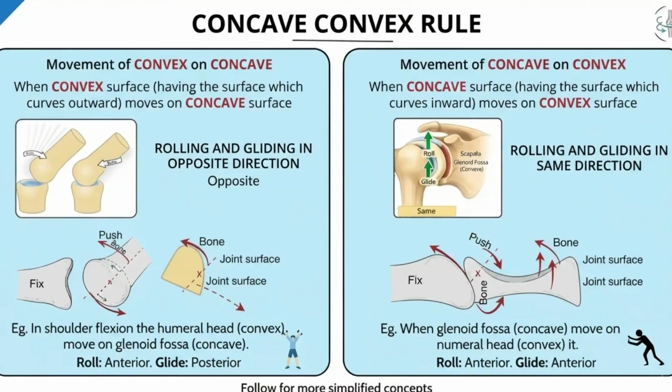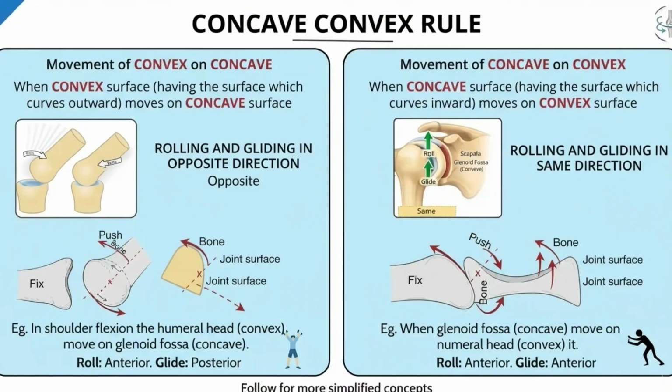When a convex surface moves on a stationary concave surface, the roll and glide occur in opposite directions. For example, if the convex surface rolls upward, the glide will occur downward. In contrast, when a concave surface moves on a stationary convex surface, the roll and glide occur in the same direction. So the basic rule is: convex moving on concave, roll and glide are opposite.